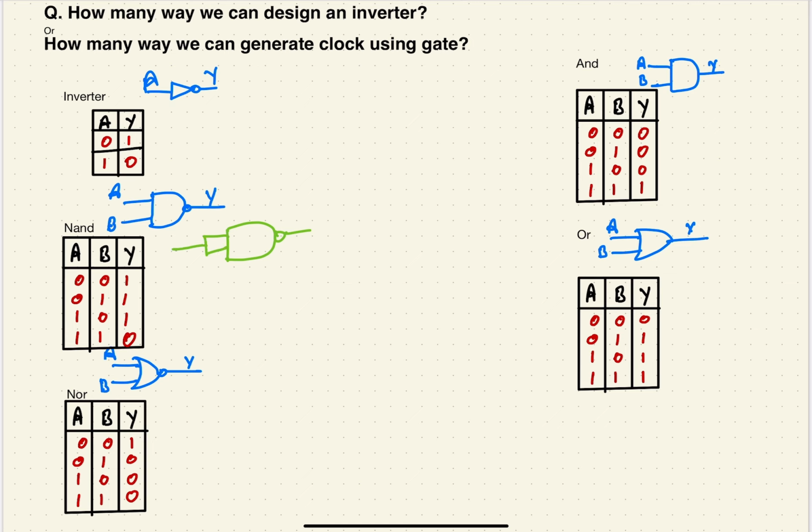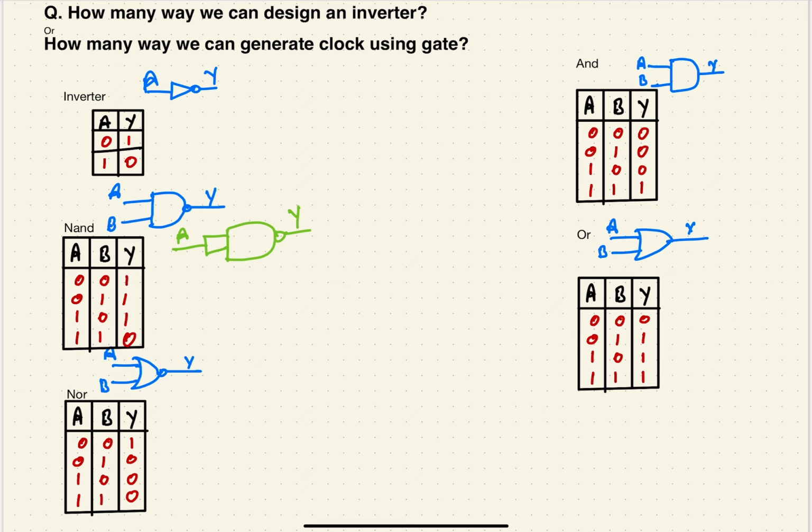We short both the inputs and call it A, and the output will be Y. When both inputs are 0 0, the output will be 1, and if both inputs are 1 1, then output will be 0. And we have one more combination. When A is 1, it acts as an inverter.